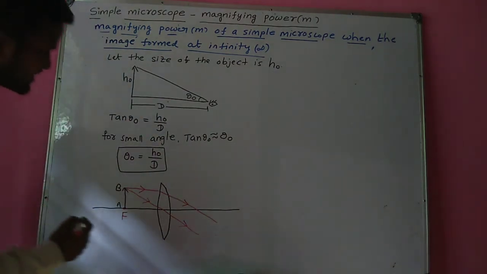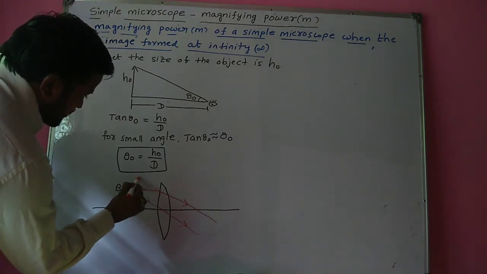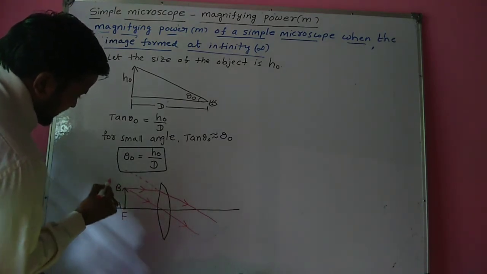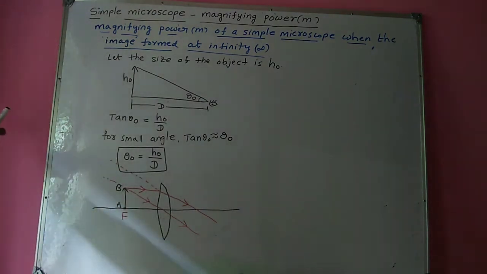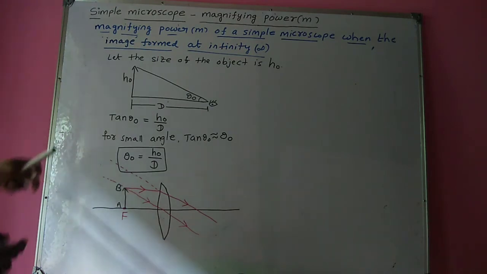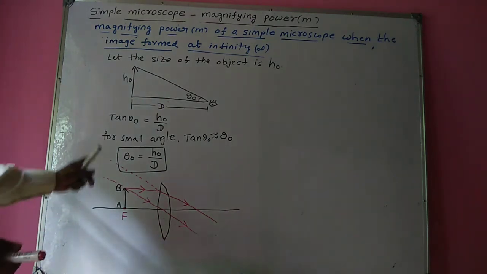For the magnified image, let us extend the 2 light rays like this. The 2 light rays meet at infinity, for an image formed at infinity. Infinity means long distance.